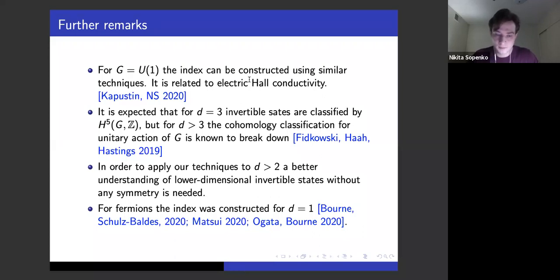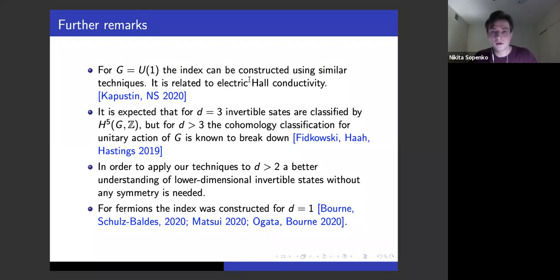Moreover, since this coefficient is related to some transport coefficients, we can compare it for bosons and fermions. And it turns out that for bosons, it should be twice as big as for fermions. And now we can prove that. But we don't know how to do that for a general group.